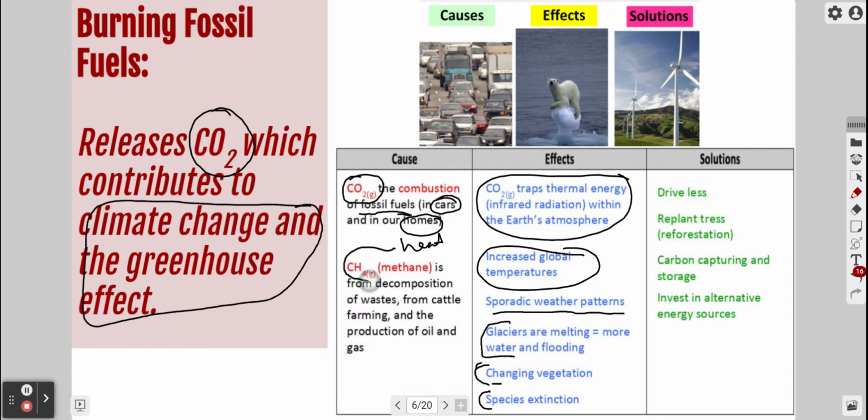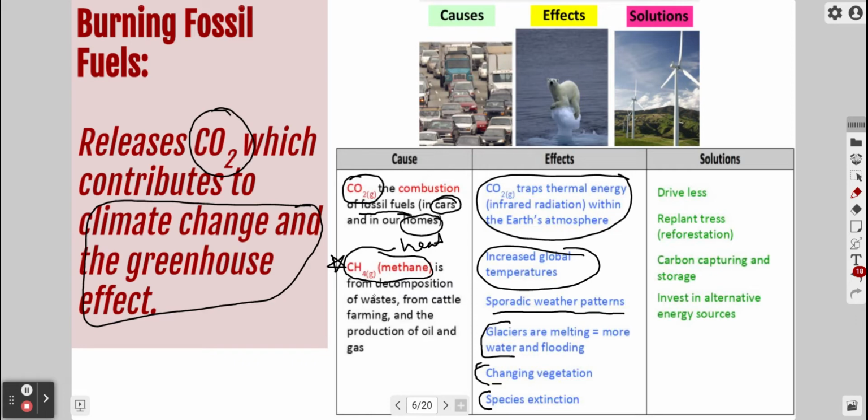Also, methane that's leaking and getting into the atmosphere is a cause of climate change and the greenhouse effect. So we have to be careful, if we're going to move to natural gas, that we're not releasing natural gas into the atmosphere. Not only is it poisonous, but it also contributes greatly to the greenhouse effect.